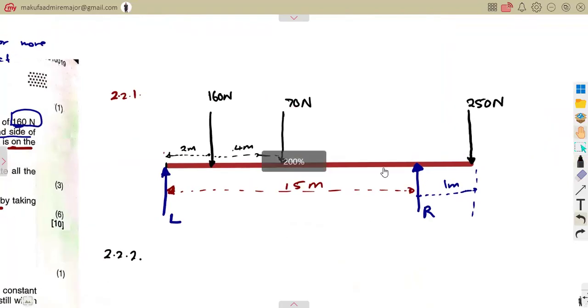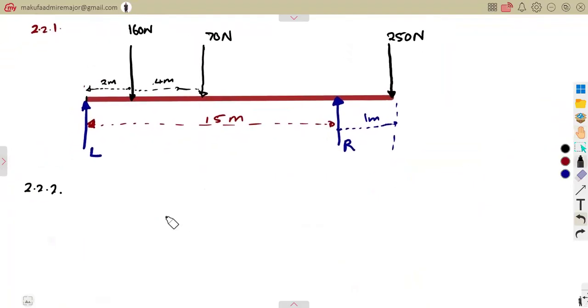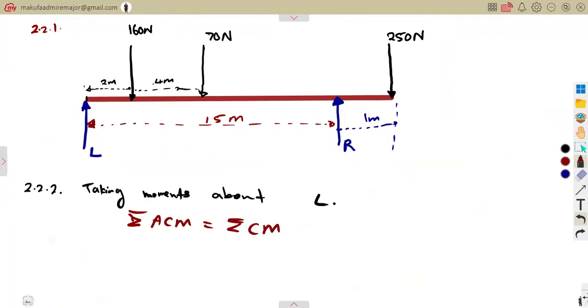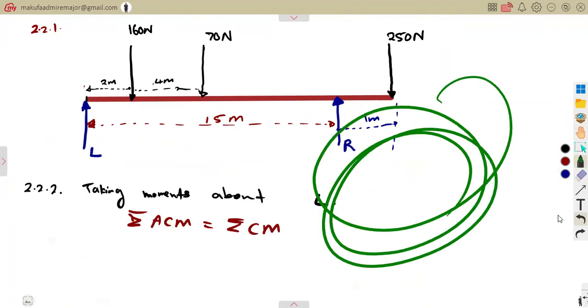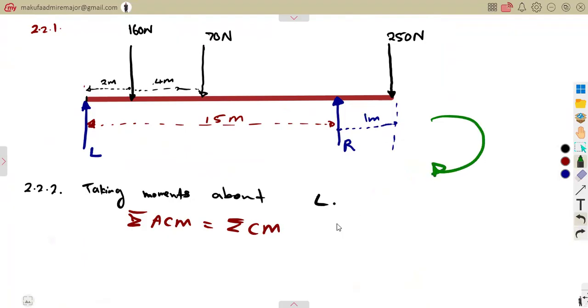As we are told, we are supposed to take our moments about each support, so we're going to start by taking moments about L. Considering the sum of anti-clockwise moments being equal to the sum of the clockwise moments. Remember, clockwise is how the clock moves, guys. The clock moves this way. This is the clockwise. Anti-clockwise like this, that is your anti-clockwise.